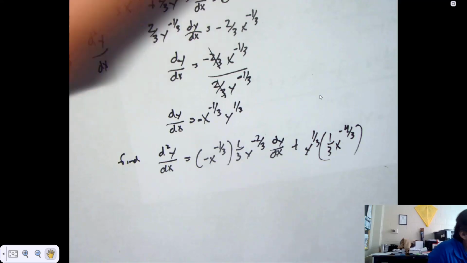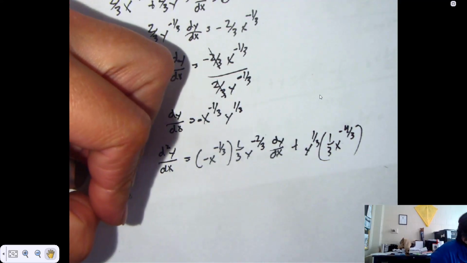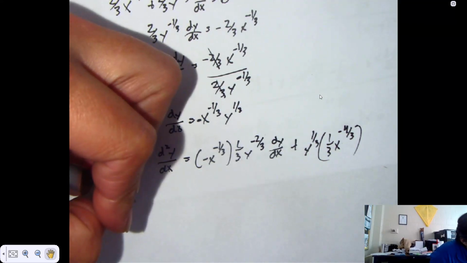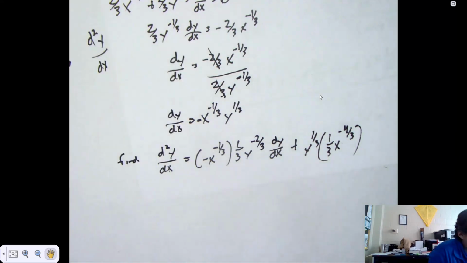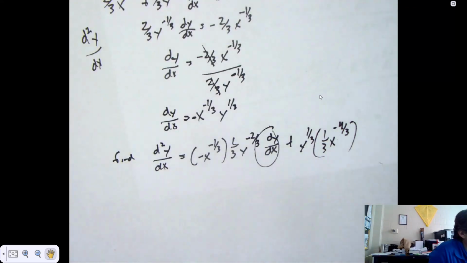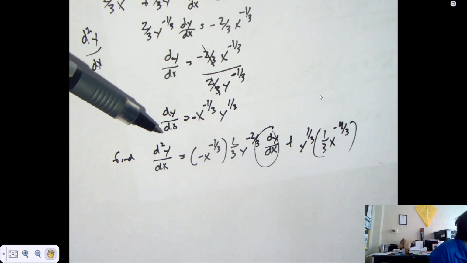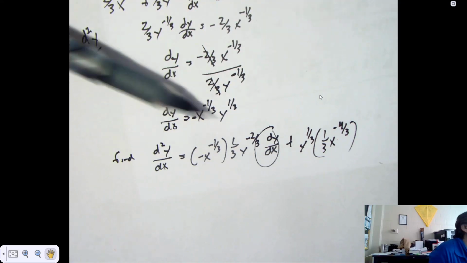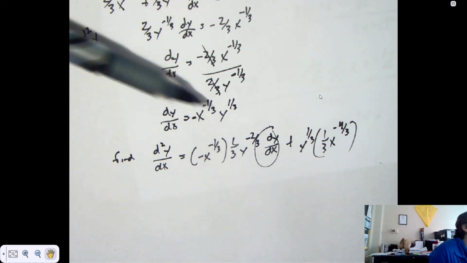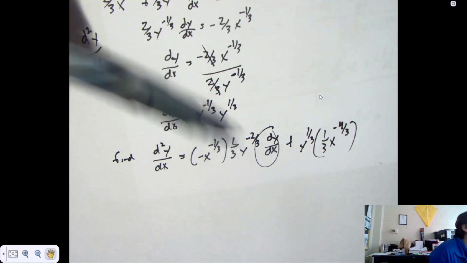All right. Now it's time to do your isolation step. Oh, actually, you're almost done. It's actually really, really easy. Here's your issue. That little guy right there, you're not isolating him. You're isolating d squared y, which is already isolated. The problem is you have a second derivative written in terms of the first, not written in terms of x's and y's.